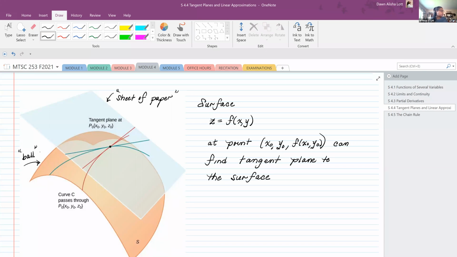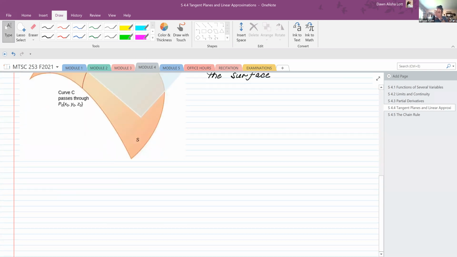Okay, so we can define what the tangent plane looks like. Here's the definition.